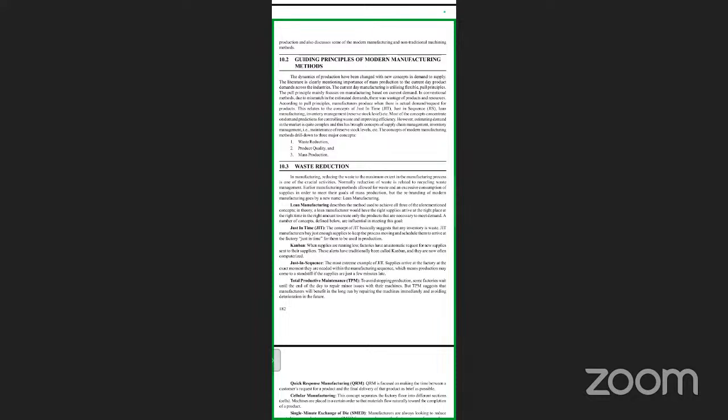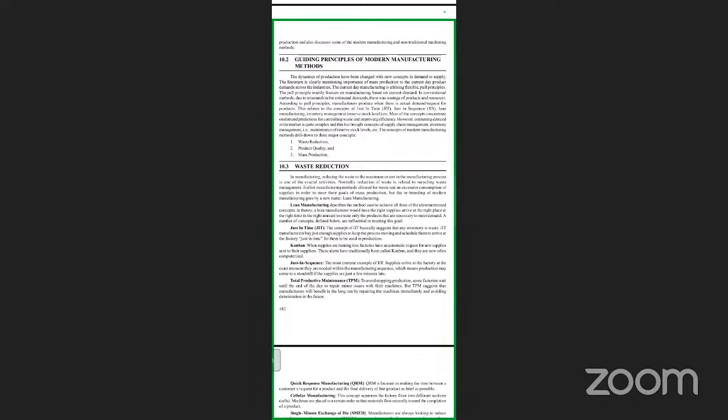When we talk about waste reduction in manufacturing, reducing the waste to the maximum extent in the manufacturing process is one of the crucial activities that has to be looked after. Why? Because reduction of waste is related to recycling and waste management.